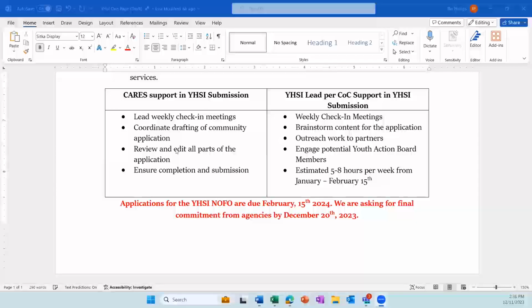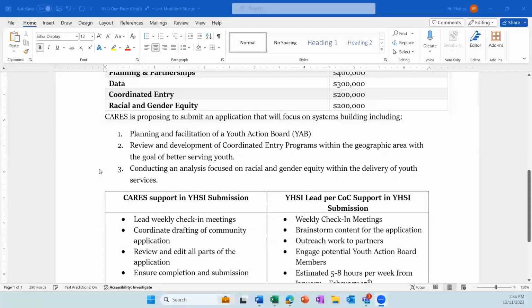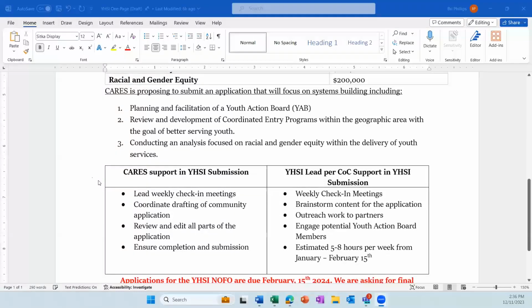The primary one is funding the youth advisory boards, because there's not currently a funding source for that, and we've struggled with getting youth advisory boards off the ground in COCs because there's not the funding both to support it and to pay youth with lived experience on the actual boards. So that was an exciting opportunity, we felt.